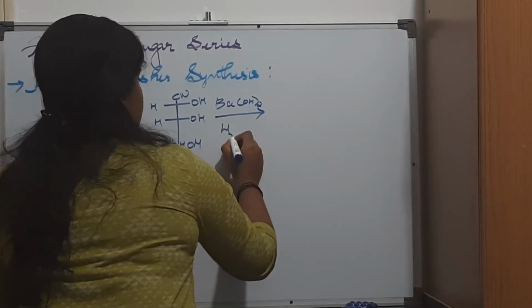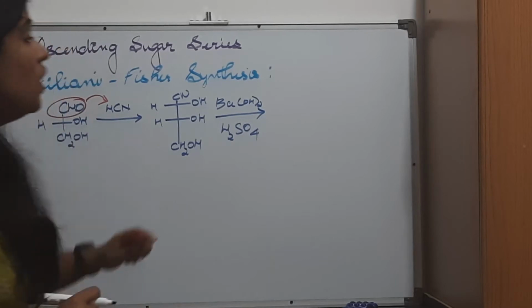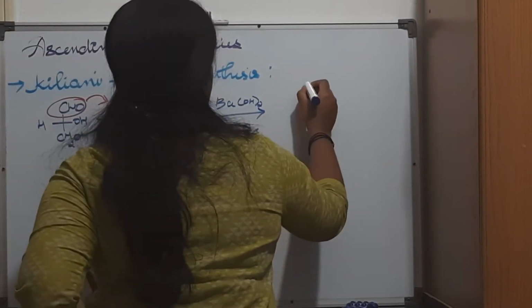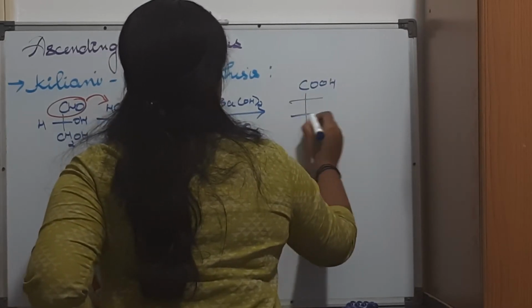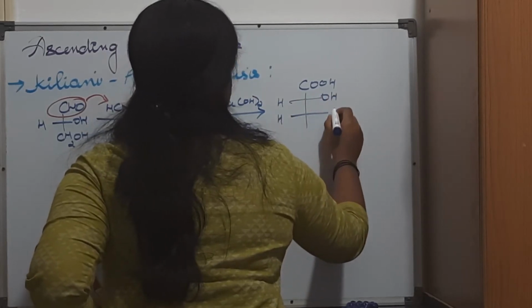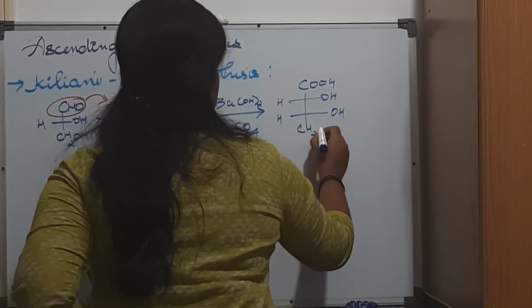Barium hydroxide and H2SO4 treatment of this particular cyanohydrin will convert the CN group to a carboxylic acid, COOH group. Remaining everything, this H, OH, OH, everything is there, CH2OH is also there.